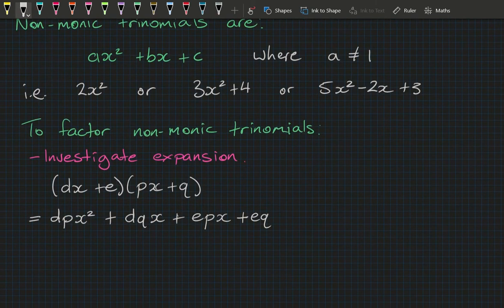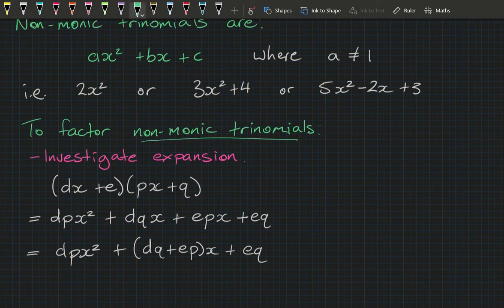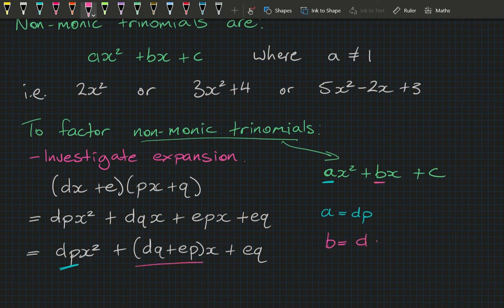And this becomes dpx squared plus (dq plus ep) times x plus eq, just by collecting like terms. So for our non-monic trinomial, ax squared plus bx plus c, a is equal to dp, b is equal to dq plus ep, and c is equal to eq.